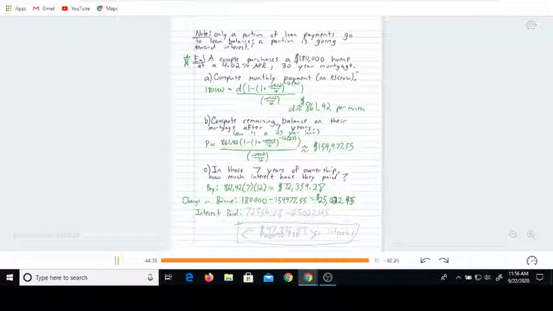But where the interest is paid, well, we've paid $72,359.28, and out of all that money we've paid, $25,000 has gone to the principal. The rest has gone to interest. So that tells us we have paid, out of that $72,000, $47,336.83 has gone to interest.